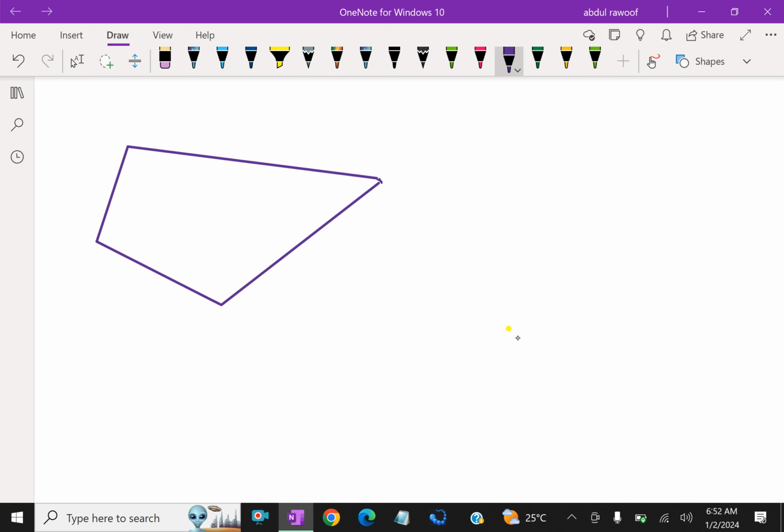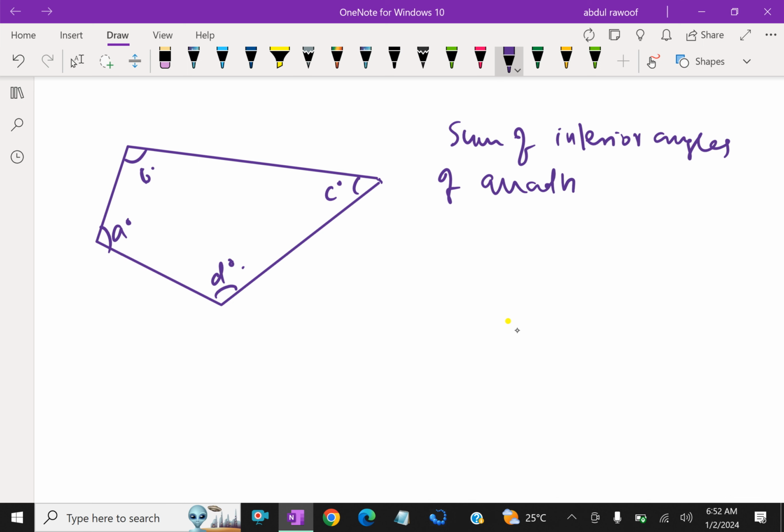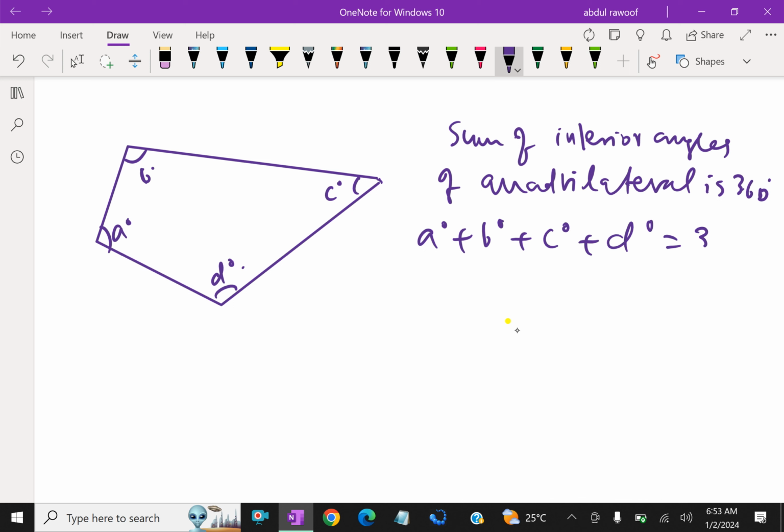Let the angles be A, B, C, and D. Here, the sum of interior angles of a quadrilateral is 360 degrees. What do you mean here? Angle A plus angle B plus angle C plus angle D is 360 degrees.